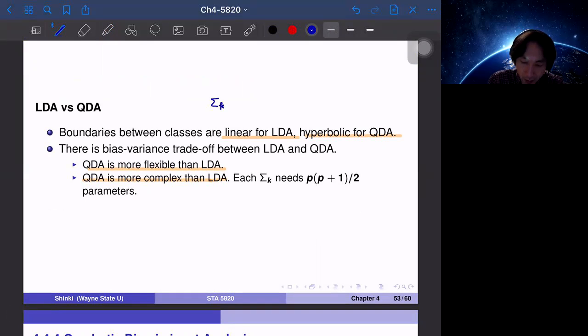Now the variance matrix, sigma k. Suppose the predictor X is p dimensional, then sigma sub k is p by p dimensional. So that is a lot of parameters. Suppose we have 10 predictors, then each sigma k is a 10 by 10 matrix. And this is a symmetric matrix, so we have 55 parameters. That is a lot. And if we have, suppose, 10 classes, then we have 55 times 10, so 550 parameters.